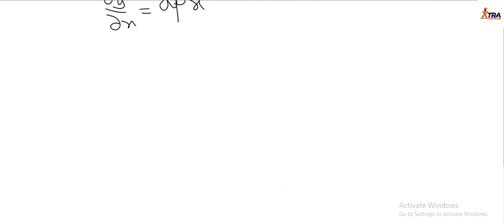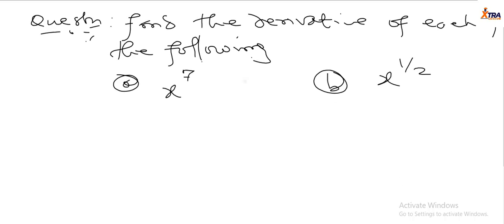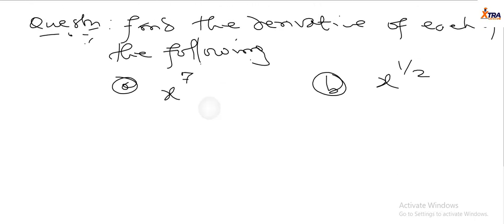So now let's look at the questions now in respect to what we have explained. Now solutions to this now. We have a, y equals x to the power 7.